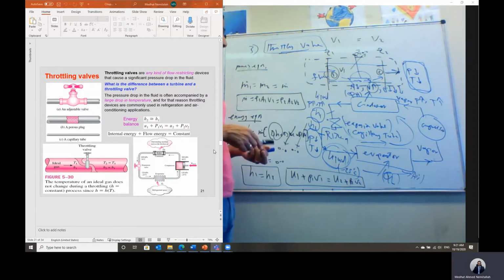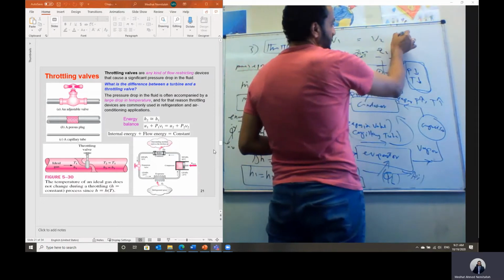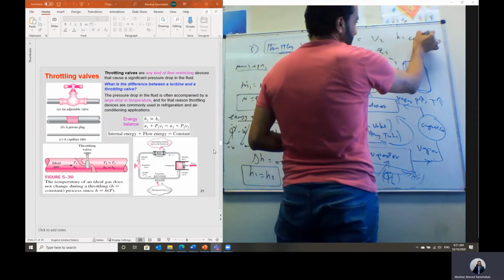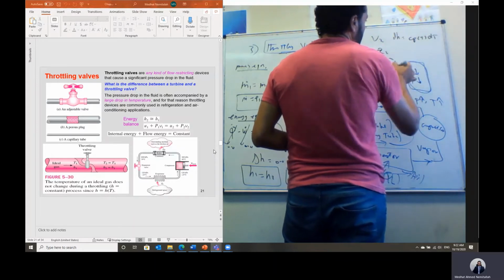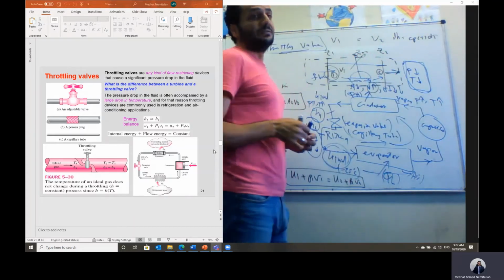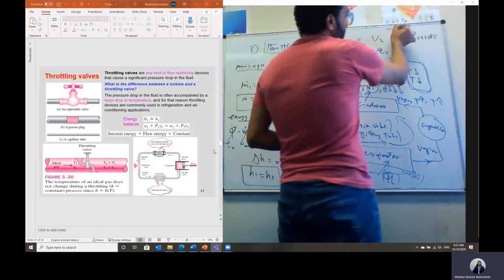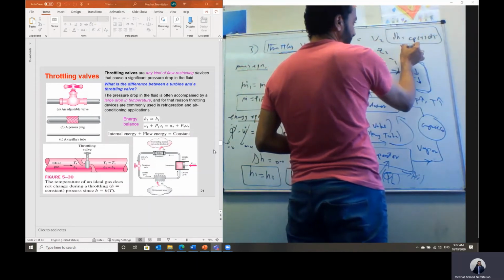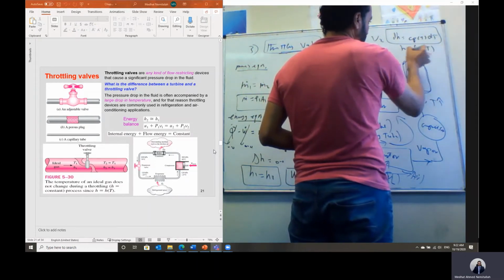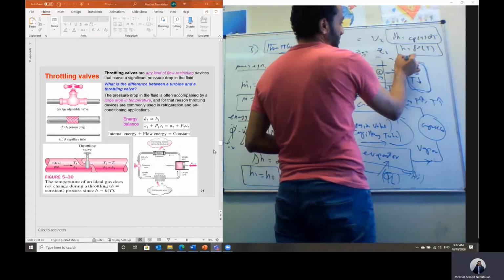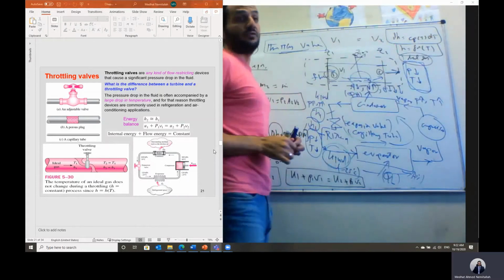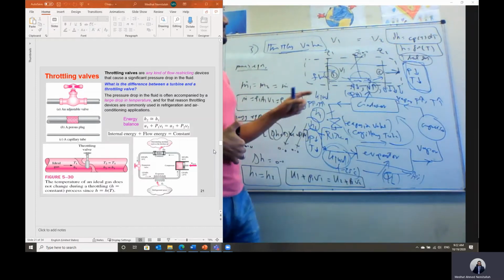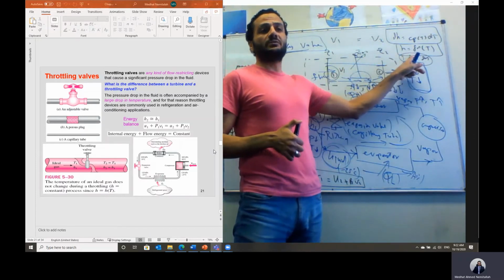Now in case we have an ideal gas, we can define enthalpy as Cp as a function of temperature multiplied by dT, or delta H is equal to Cp dT. That means in the case of an ideal gas, enthalpy is only a function of temperature. This is only for an ideal gas, because we said we can treat any gas as an ideal gas under very low pressure.